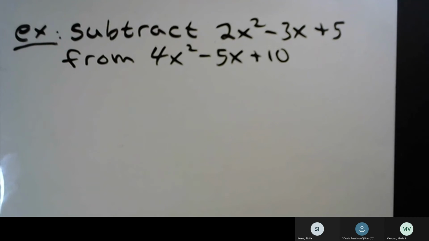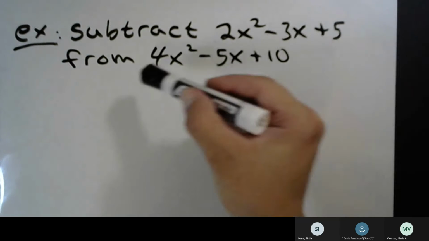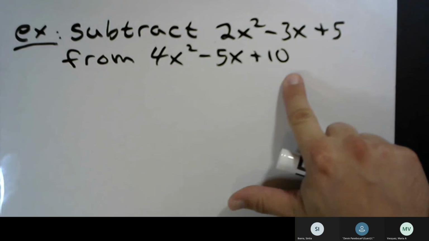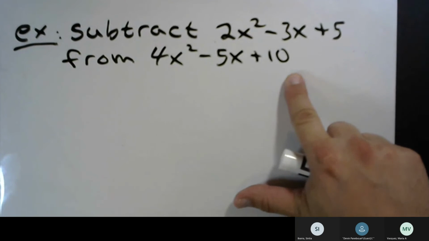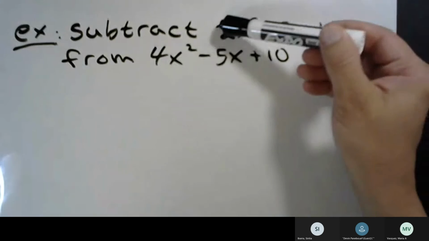So when you see subtraction expressed in this way, subtract this from that, it's this that actually shows up first, then the subtraction, and then this right here.